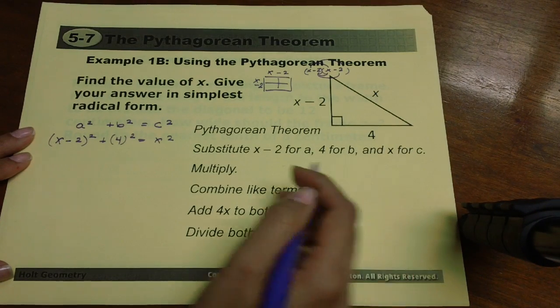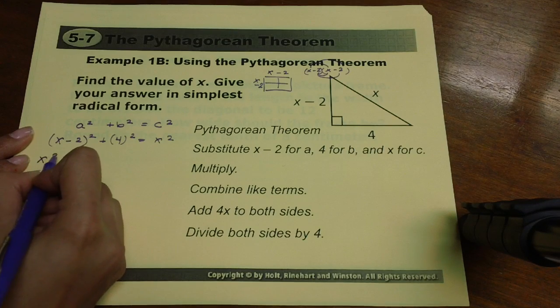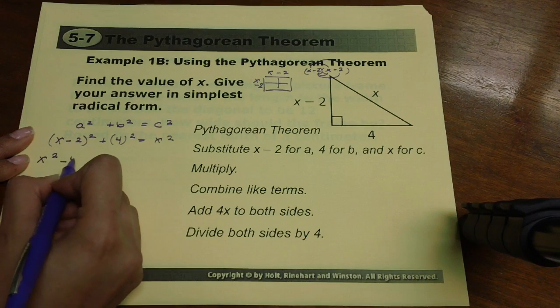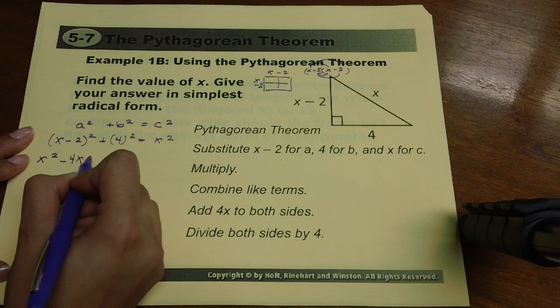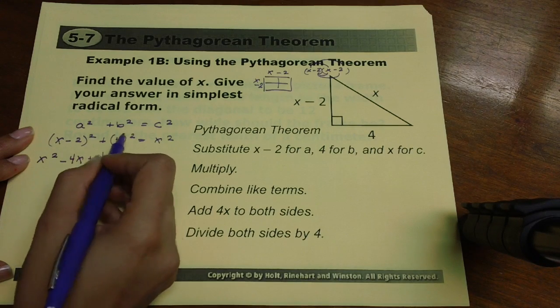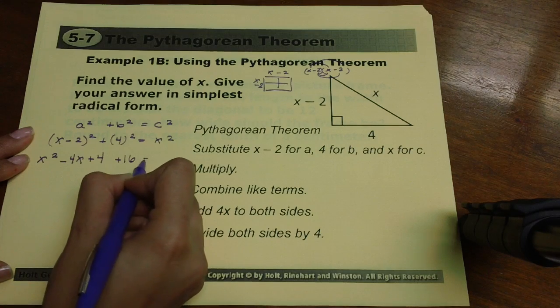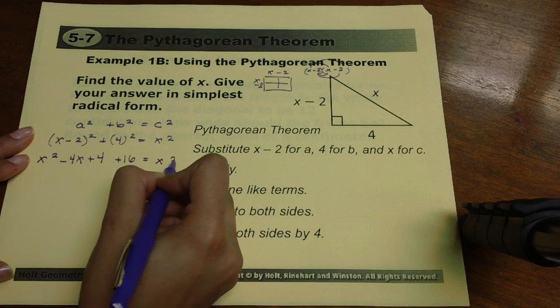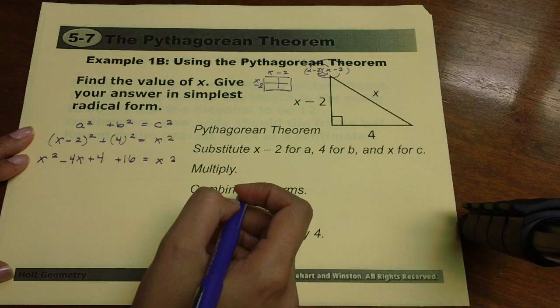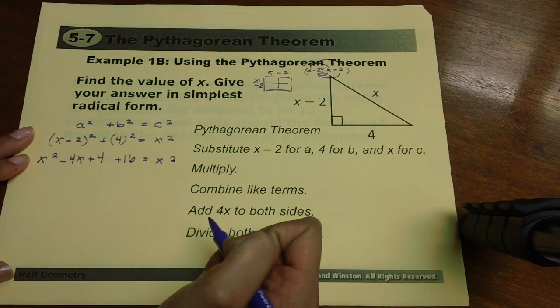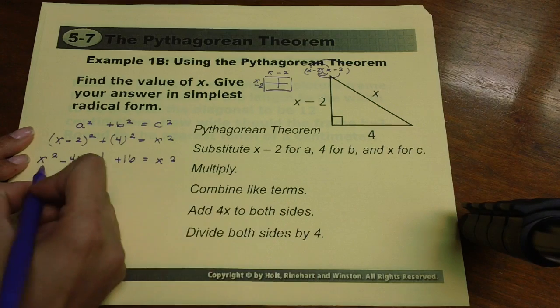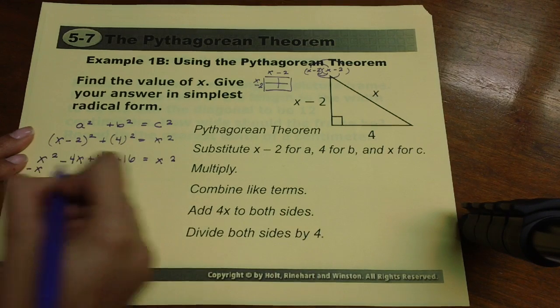So this is going to give me x squared minus 4x plus 4. The 4 squared is going to give me a plus 16 equals, and then the x squared. Then you're going to combine your like terms, and you're going to start trying to isolate the x. So we're going to minus the x squared from both sides.